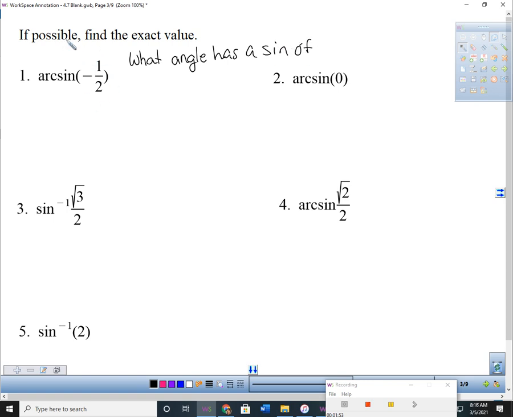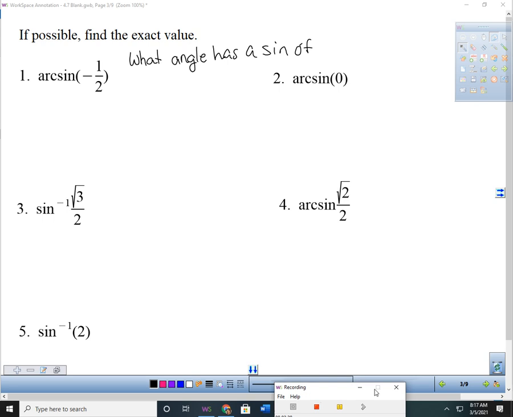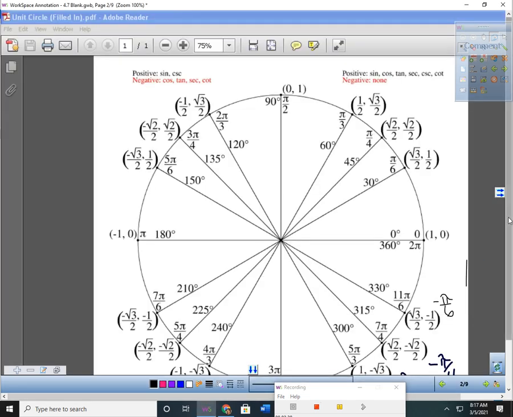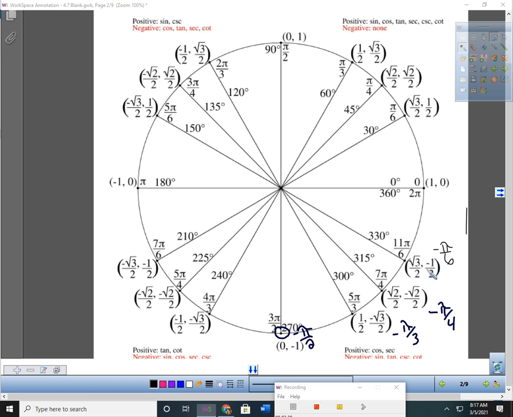So this is what angle has a sine of -1/2. Well, remember, when you're doing sine, you're looking in the first quadrant and the fourth quadrant because this is the backwards, right? So if you look at these, the sine values are all the y's. Well, this is not -1/2. This is not -1/2. This is not -1/2. So the angle that has a sine value of -1/2 is -pi/6.